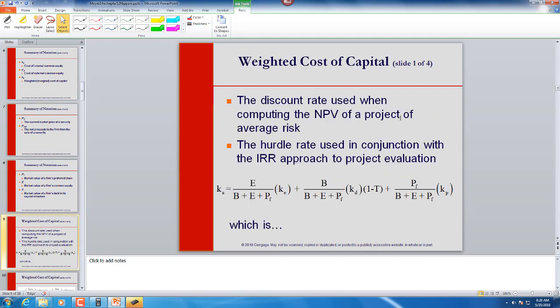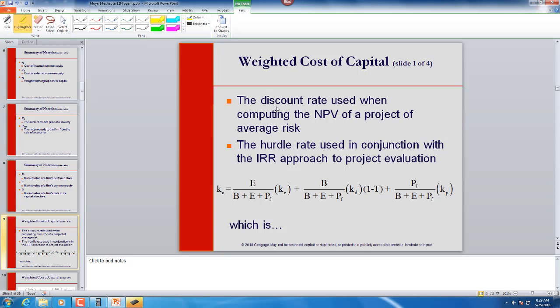All right. Now I want to explain this formula to all of you. This is exactly what we did with the weights in the second slide of this chapter, but I'm going to explain it. Weighted average cost of capital is the discount rate used in computing NPV of a project with average risk.